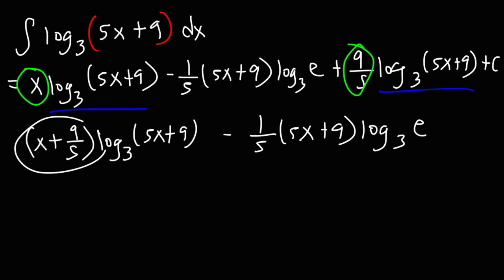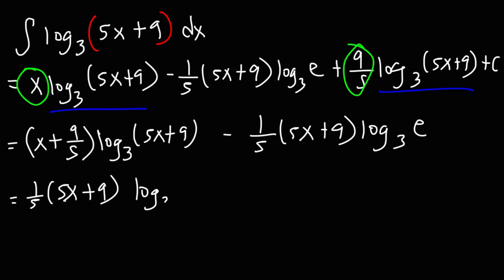So what I'm going to do here is factor out 1 over 5. So this is going to be 1 over 5 times (5x + 9) log base 3 of (5x + 9), and then minus what we have on the right.